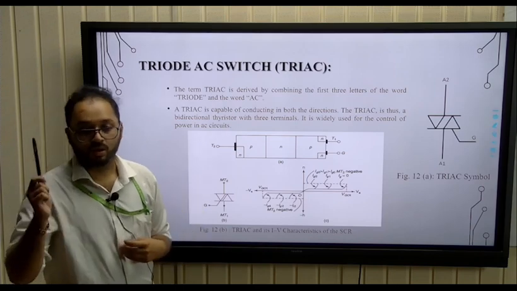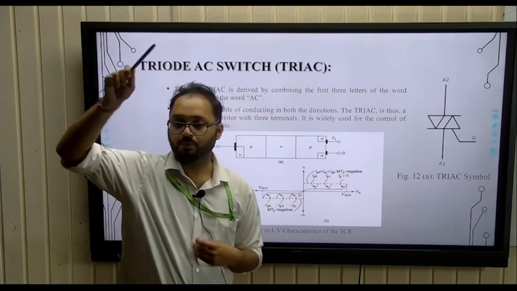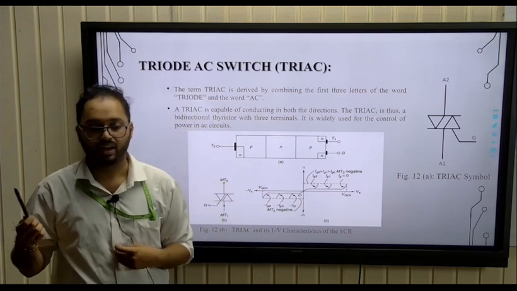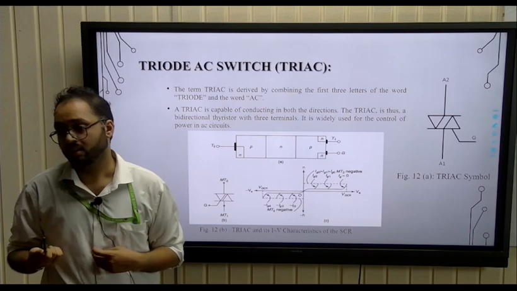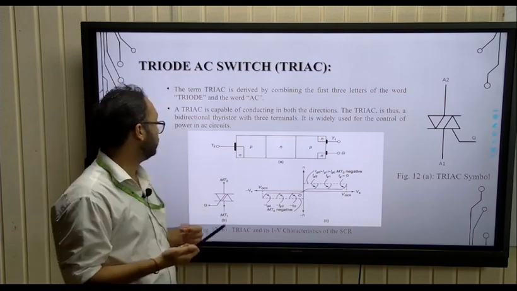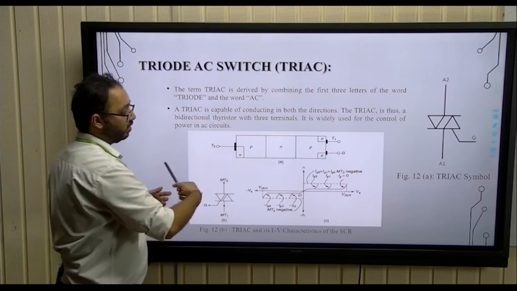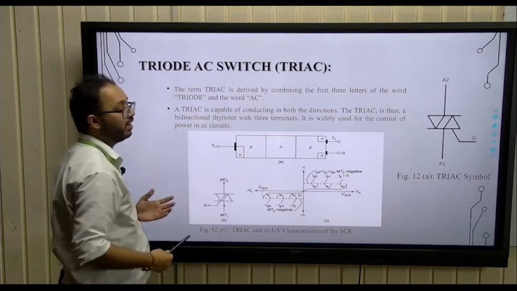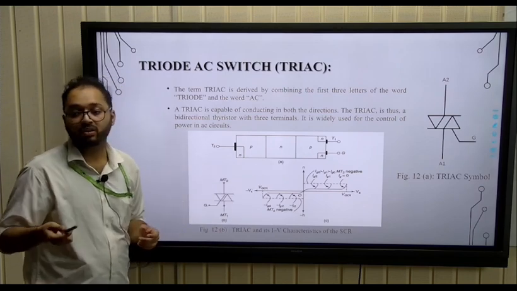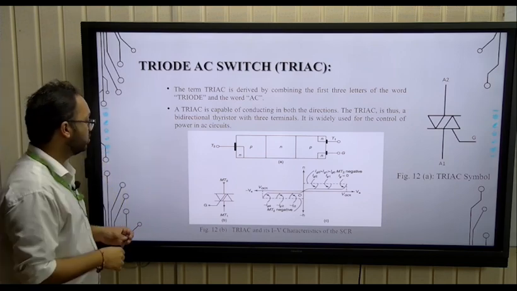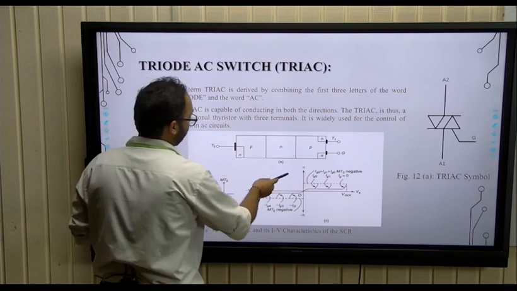Okay, what happens in AC is that it goes up and down, so it has both positive and negative within a second, 100 times in a second actually, when we are talking about 50 hertz. So you need a particular device that can be easily turned on with either the positive or the negative voltage. Okay, so that's why we use the triac.